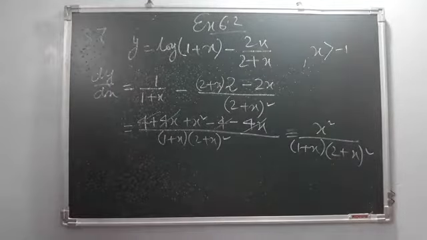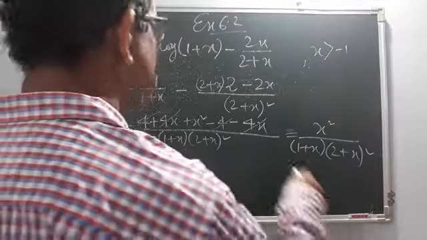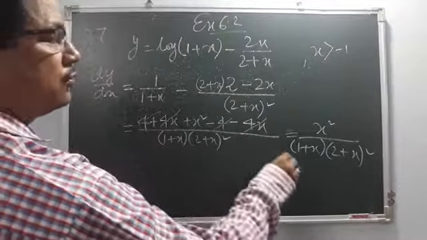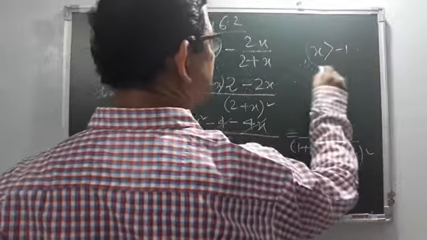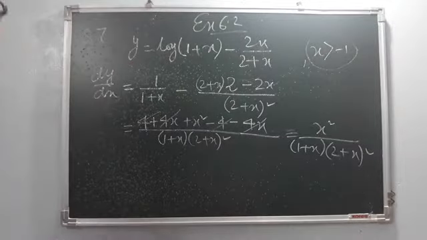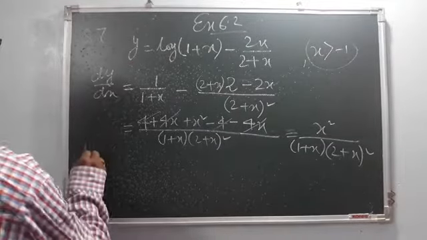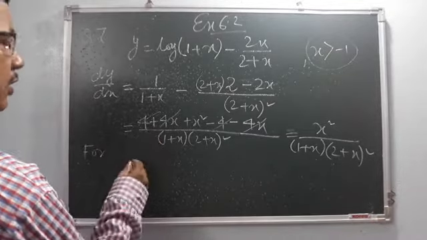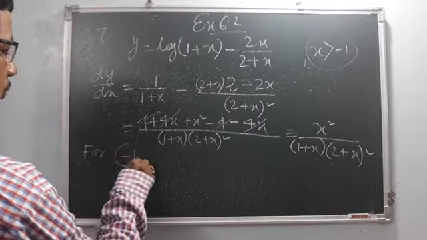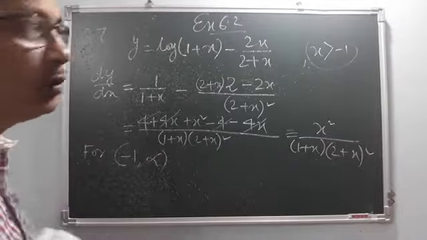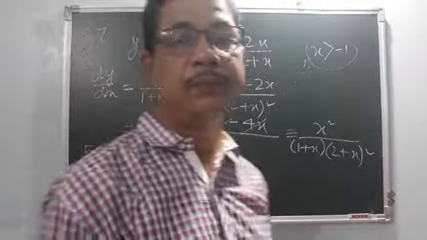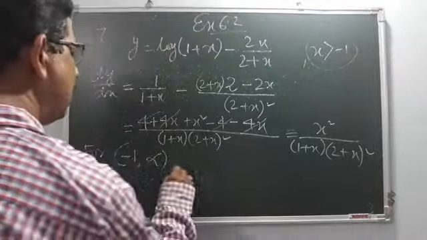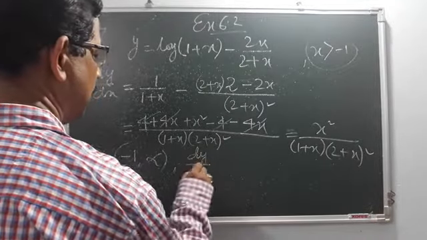Now there is the domain. So this f dash x, that is dy/dx, is this one. Our domain is x greater than minus 1, that is minus 1 to plus infinity. For that, dy/dx will be what?